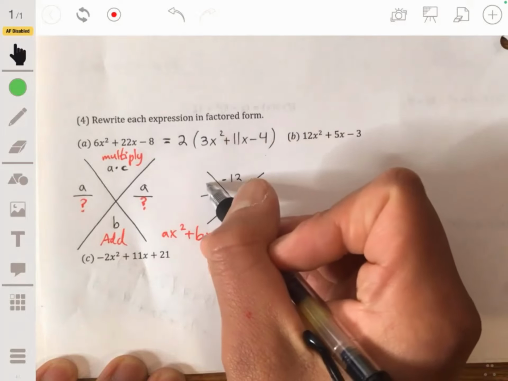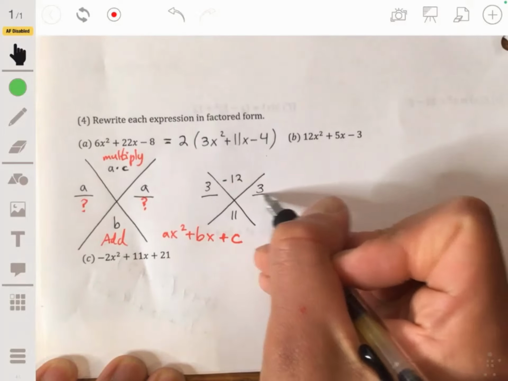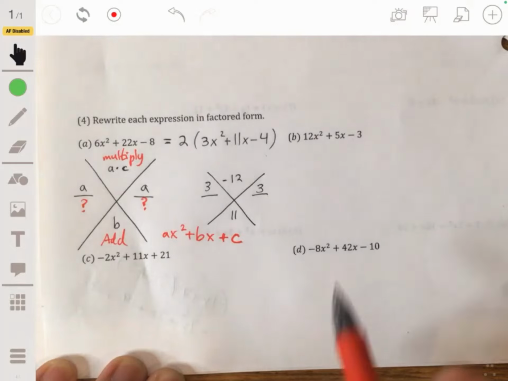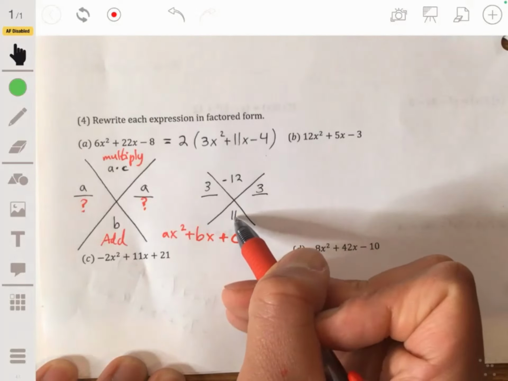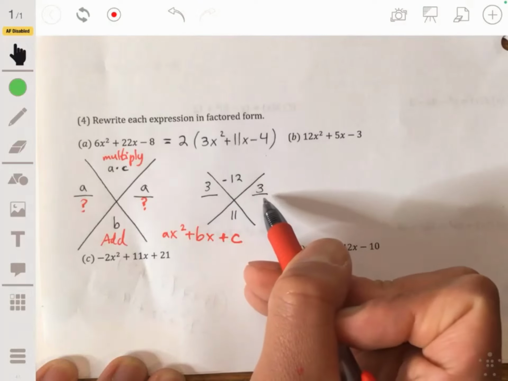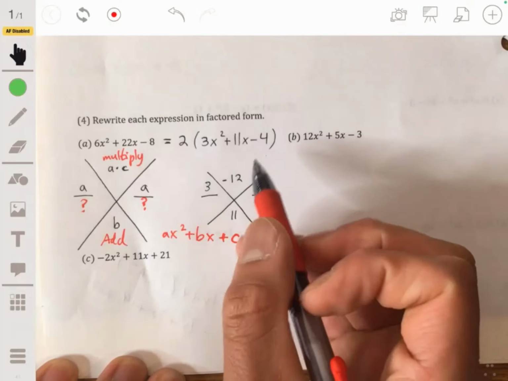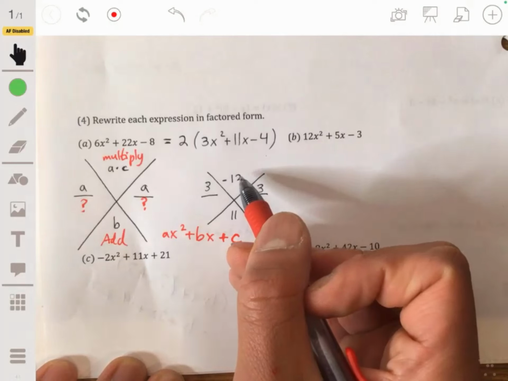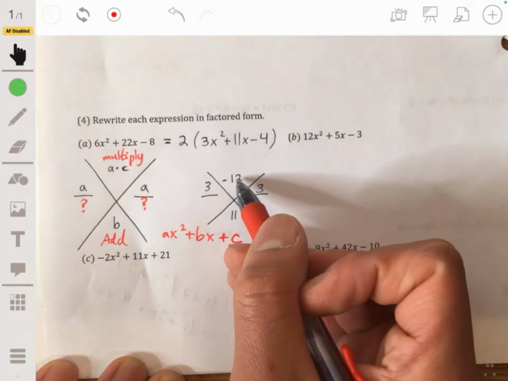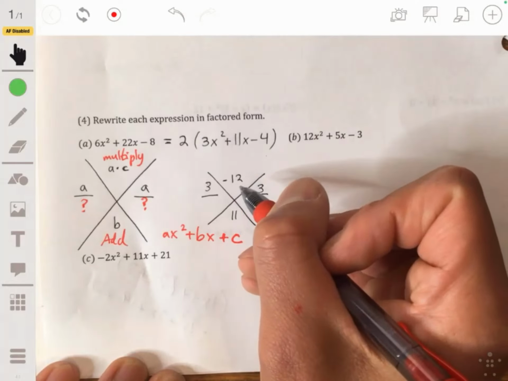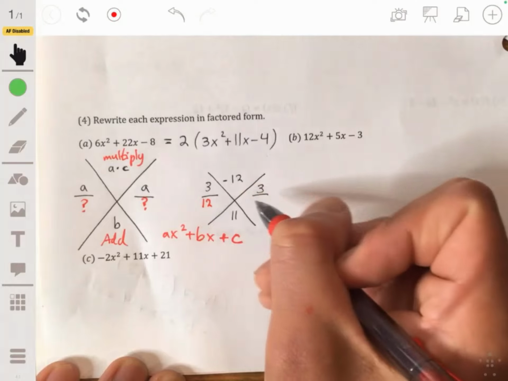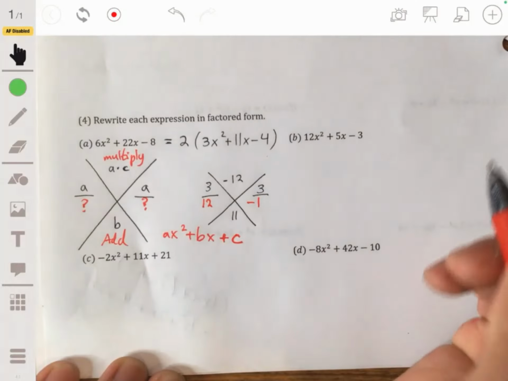A over something on the sides. Then two numbers that multiply to -12 and add to 11. We're going to put those two numbers here. And that would be, what would that be? +12 and -1, right?